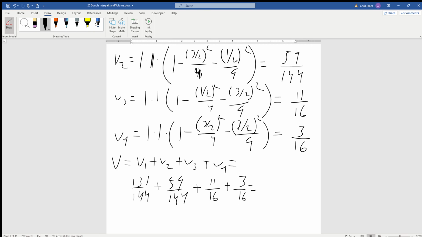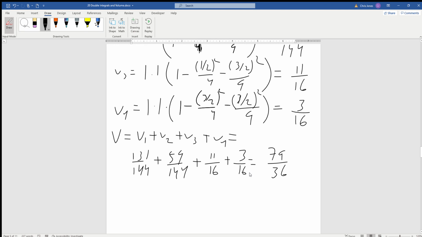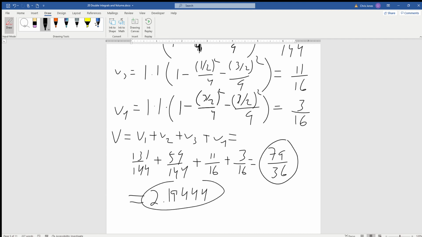The answer I got for that was 79 over 36, or approximately 2.19444. Alright, so we're going to hold on to these values because those are the approximations by the midpoint. So that's our midpoint volume.